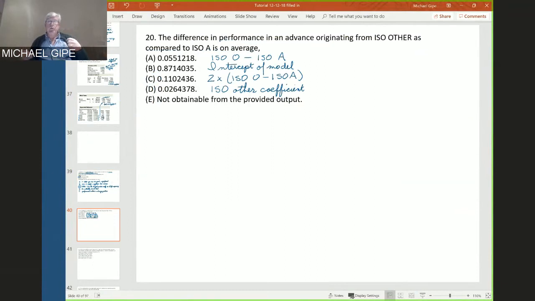So if you're comparing two companies that have different years in business, you're going to see a difference that's due not only to the type of company, but also the years in business. So essentially, you're saying you can't compare these two arbitrarily. You have to control the other variable. So performance also depends on years in business.